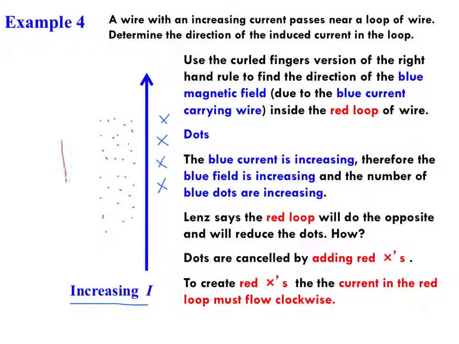So if we had a wire over here, that increase in magnetic flux would actually produce a current in this wire, but this wire is actually going to create red X's, meaning our magnetic field is going to be going into the page at that point. So in order for that to happen, my current has to be flowing in the clockwise direction. Again, using the right-hand rule.